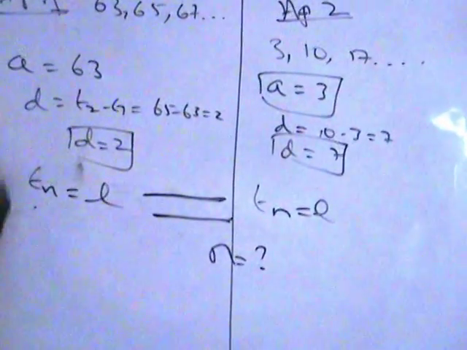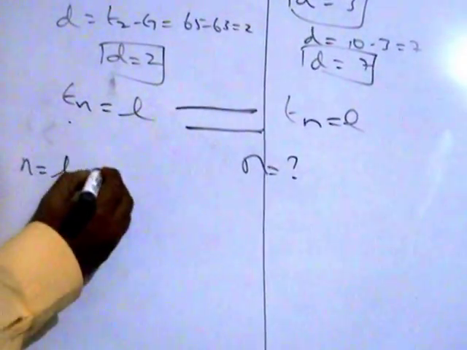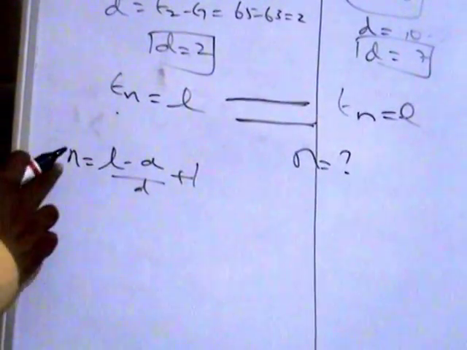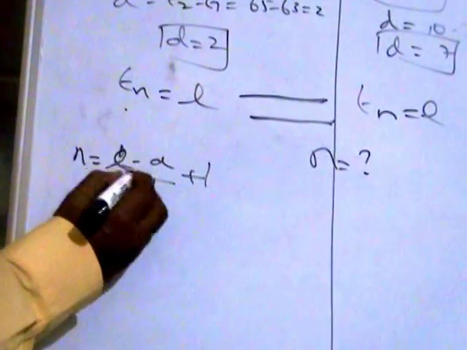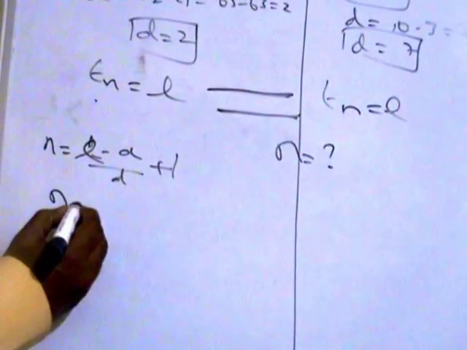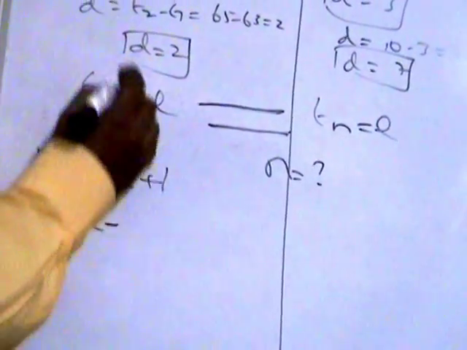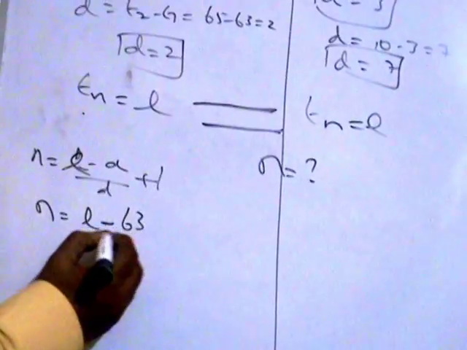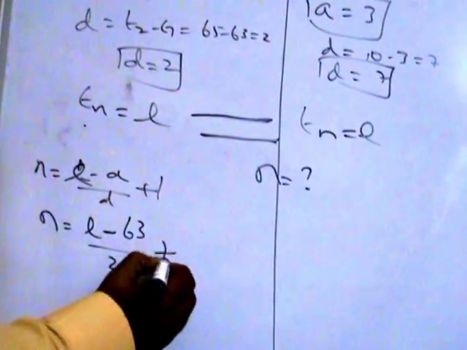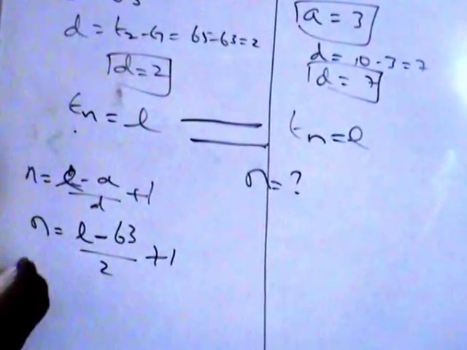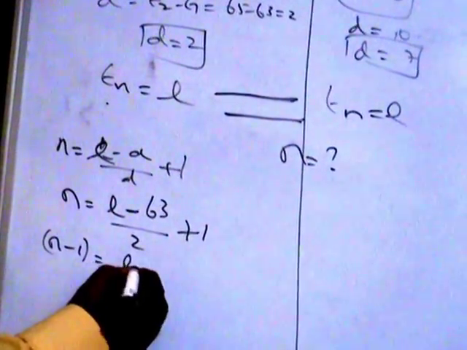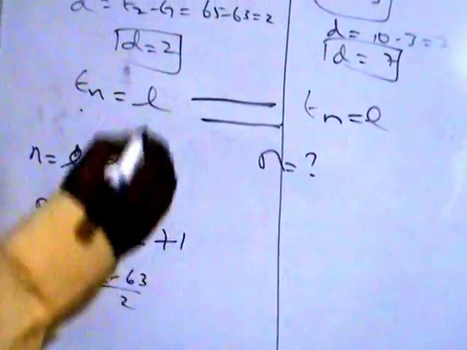So on both sides we will put the formula n equal to L minus A by d plus 1. Now n also we don't know, L also we don't know, and that is why they give two equations. So n equal to L as it is, A is actually 63, by the common difference d is 2, and put plus 1 separately. Now bring the 1 this side. It will become n minus 1 is equal to L minus 63 by 2.